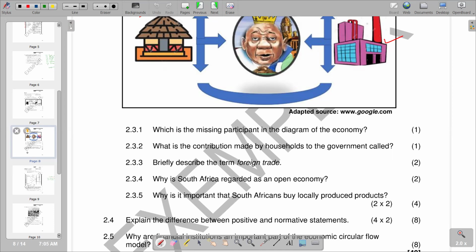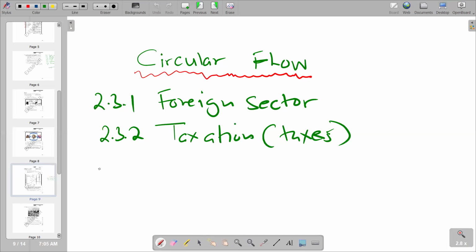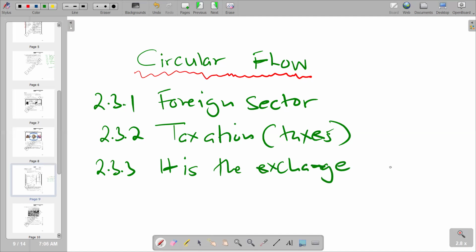So the brief description we can give of foreign trade is that it is the exchange of capital goods and services across international borders.